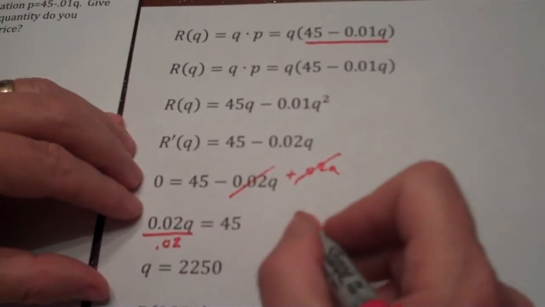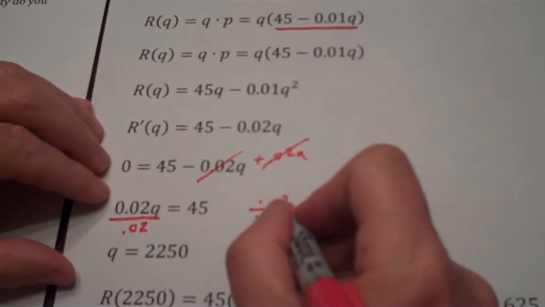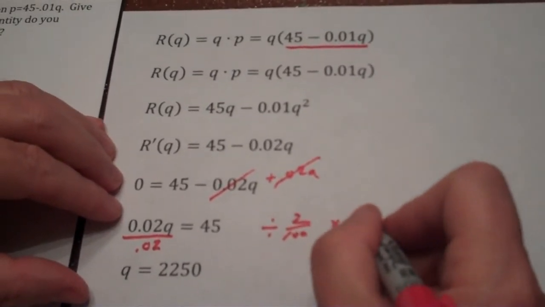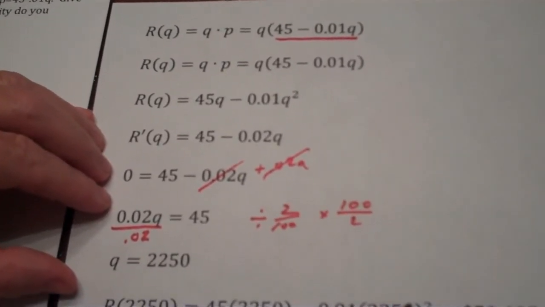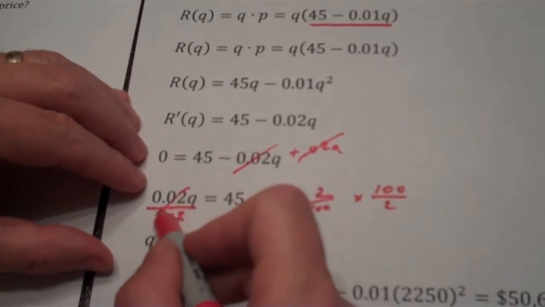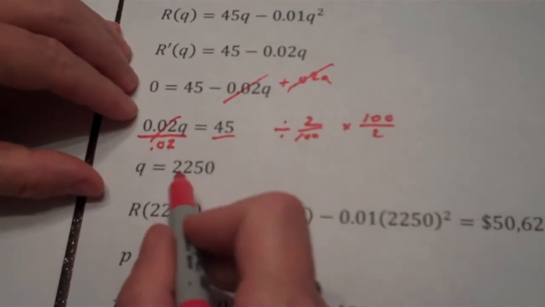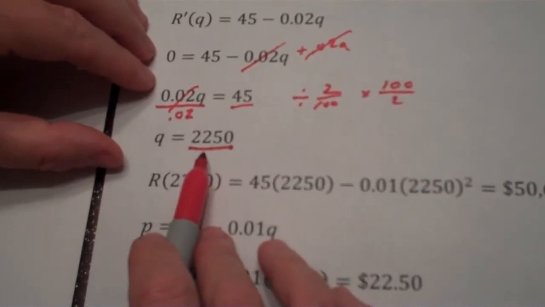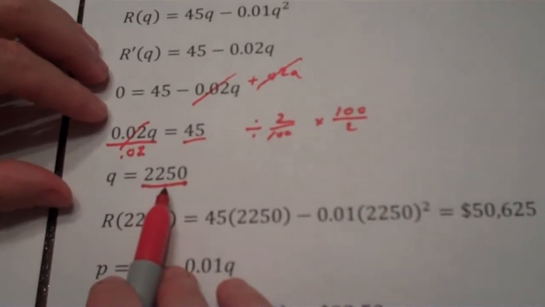Dividing by 2/100ths is the same thing as multiplying by the reciprocal, which is 50. So I merely multiplied both sides by 50, which canceled this, and 45 times 50 was my 2250. So this is the quantity that will maximize my revenue.